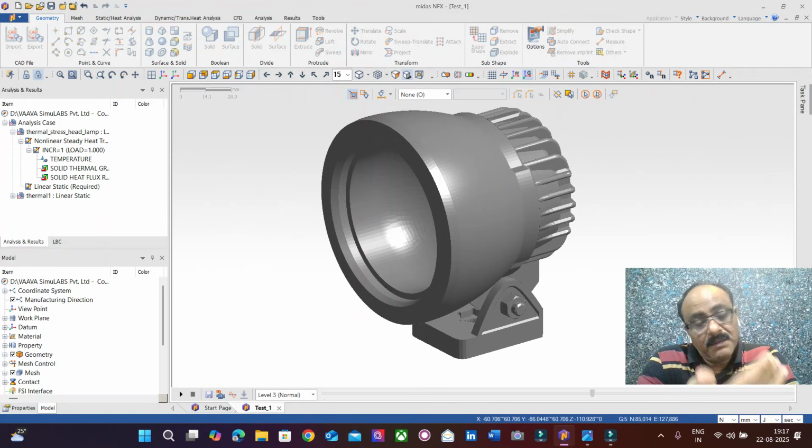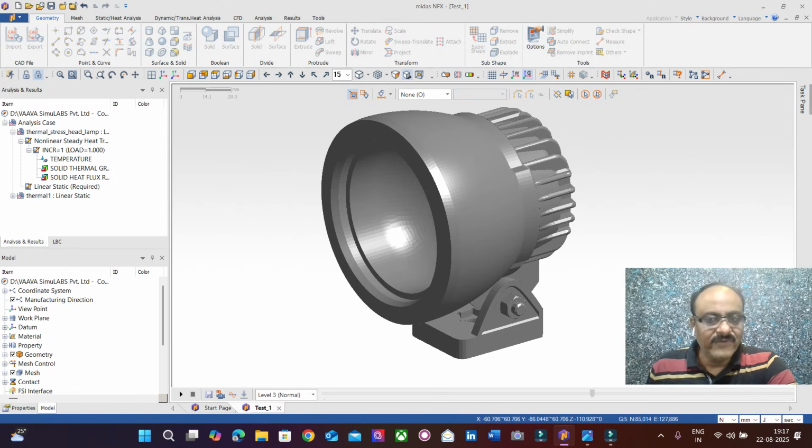And in computational fluid dynamics, we will also be able to find out the air trajectories between the structure and how it is transferring or removing heat from the structure.